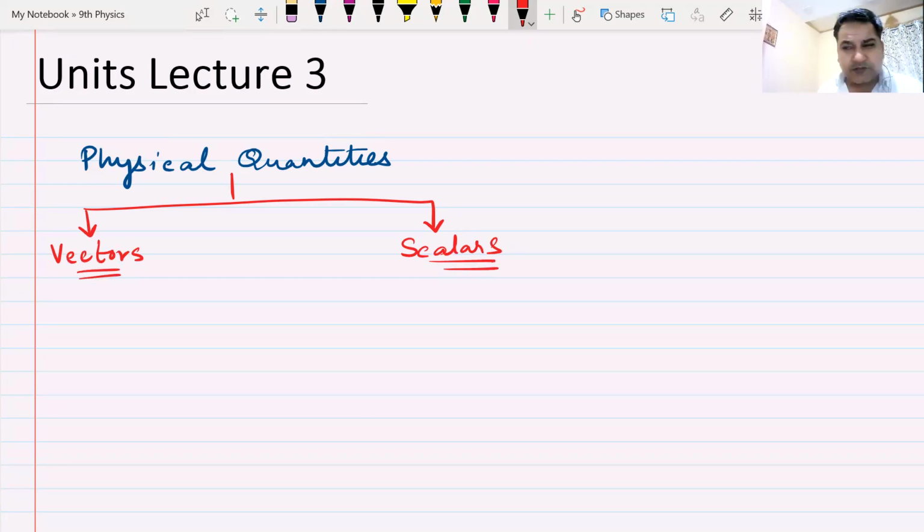Any idea about what is a vector quantity and what is a scalar quantity? A vector quantity is magnitude with direction and a scalar quantity is just magnitude.